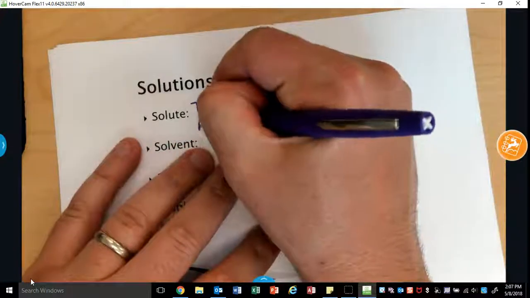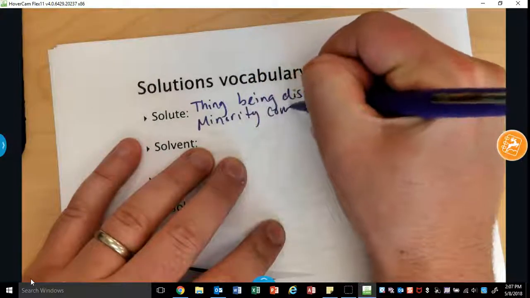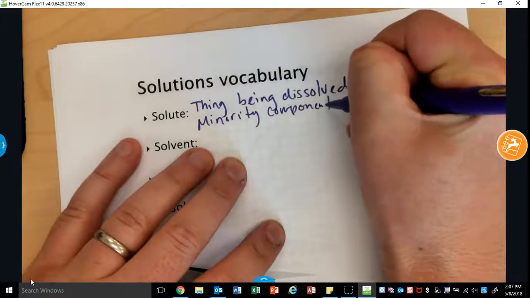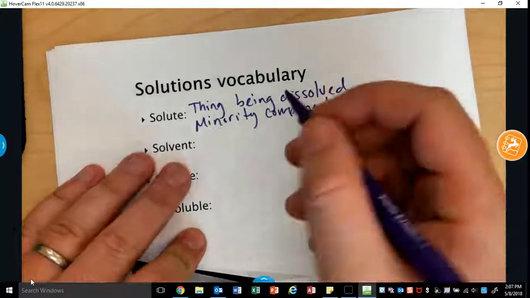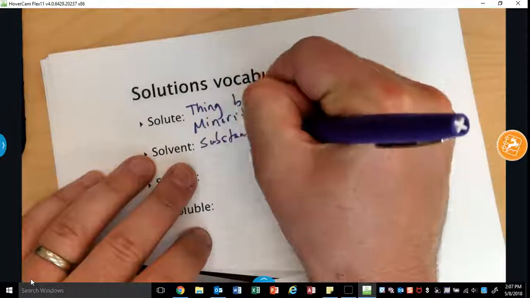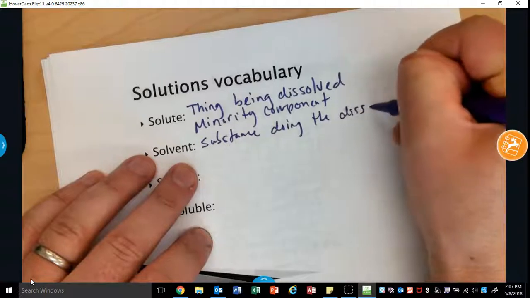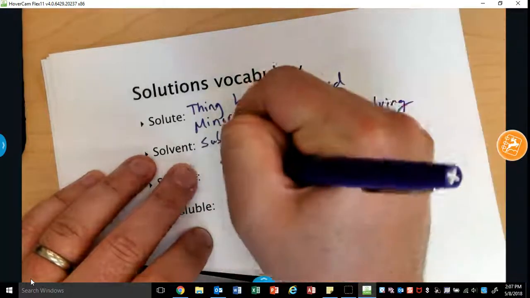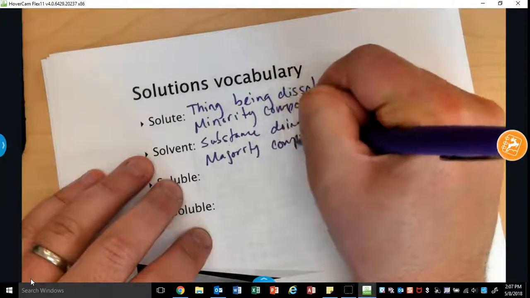Now the other definition is it also could be the minority component. In other words, the component of the mixture that you have less of. And the solvent is the substance or the thing that is doing the dissolving. Also could be considered the majority component.